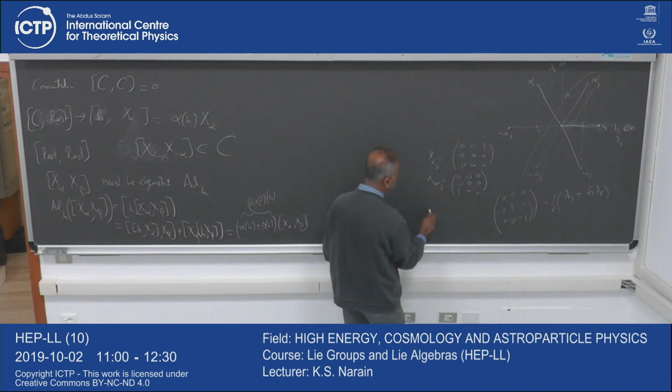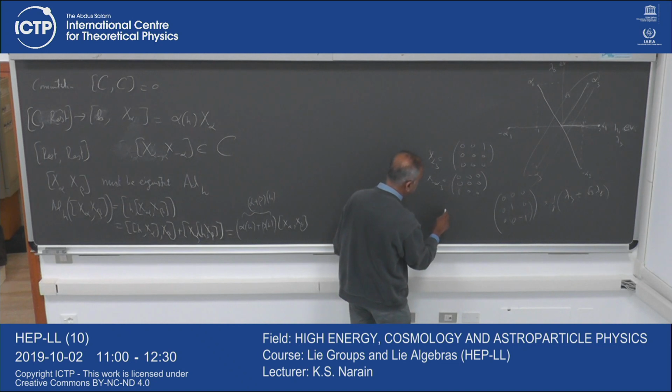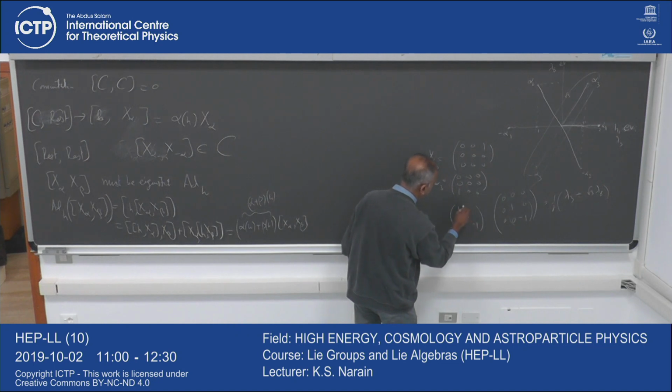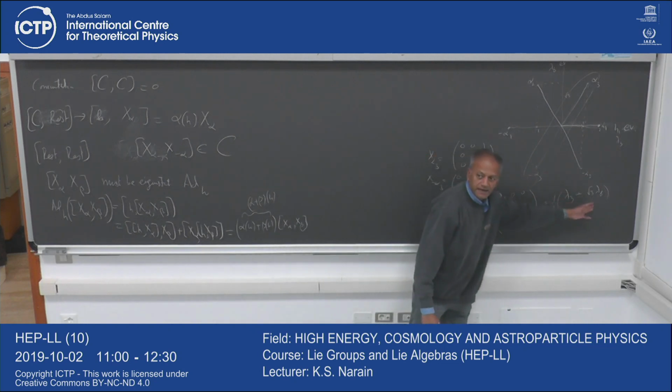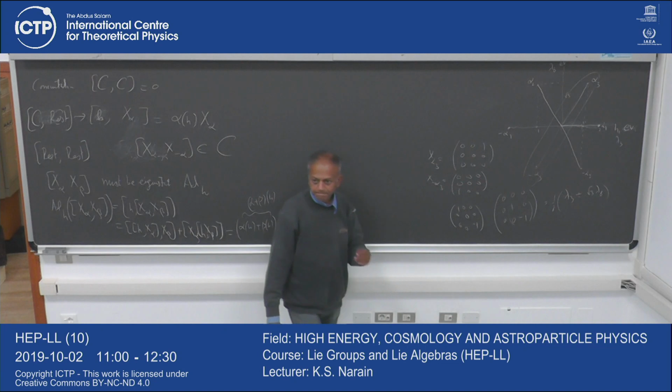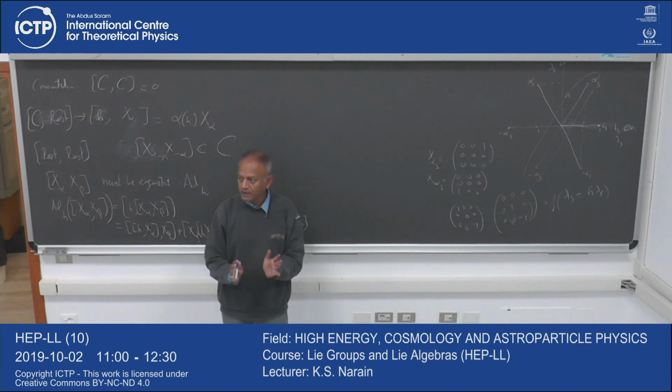So the commutator of these two will give me something which will be in the Cartan, and it will be of the form 1, 0, minus 1, and everything else 0. Which will be some combination of, again, lambda 3 and lambda 8. Okay? So you can precisely find what combinations appear.